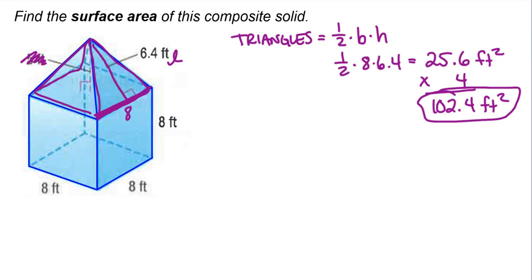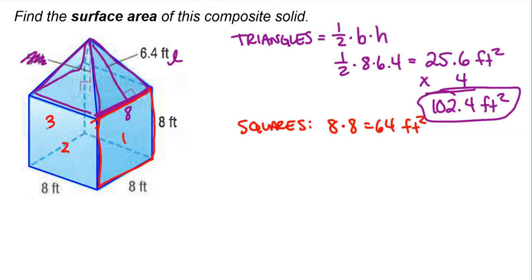Now I just need to do the bottom, this cube, which is nice because these are all squares. Every face on this cube is an 8 by 8 square. So the squares are going to be 8 times 8, or 64 square feet each. And there are 1, 2, 3 in the back, 4 over there, and then 5 on the bottom.